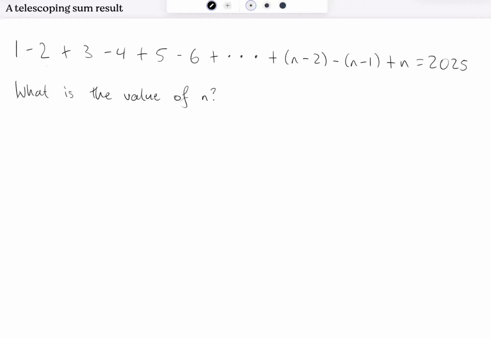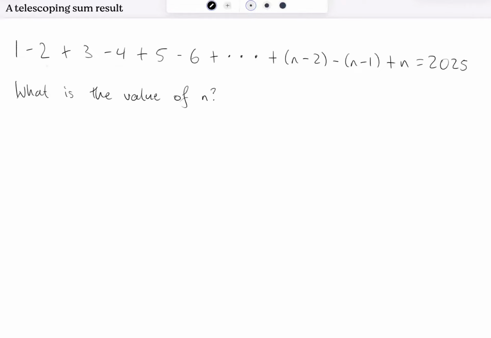And we want to figure out what this value of n is, given that the left-hand side equals 2025. As I will show, it's not necessary to have the right-hand side equaling that value. Depending on what that value is, we'll just adjust the value of n.